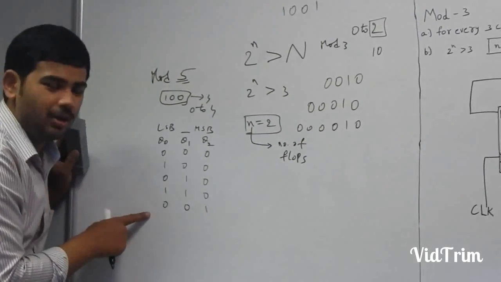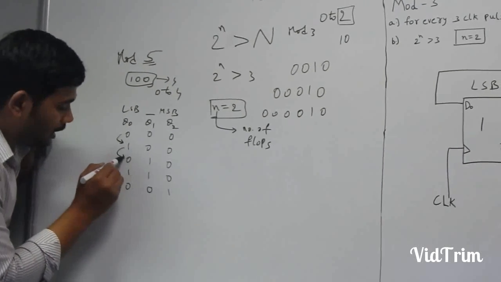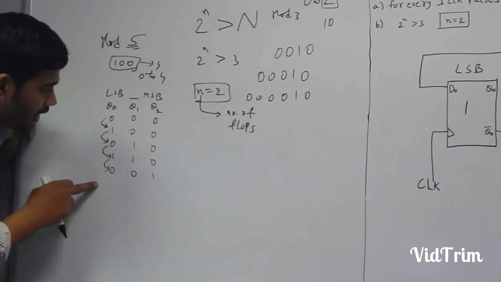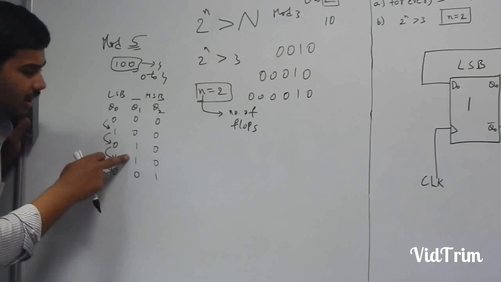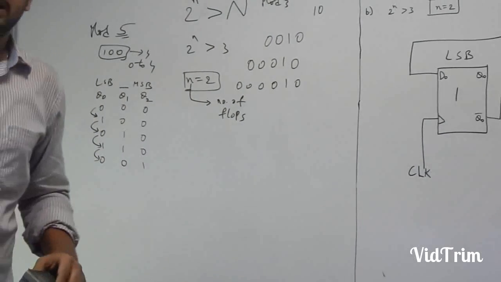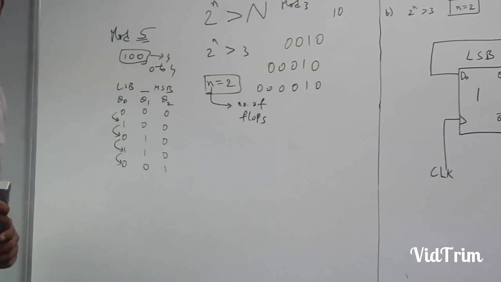And here also you can clearly observe that my first LSB is toggling continuously. And based on this toggling, this is changing, and based on this is changing. So as a designer, the way of approach should be very particular.